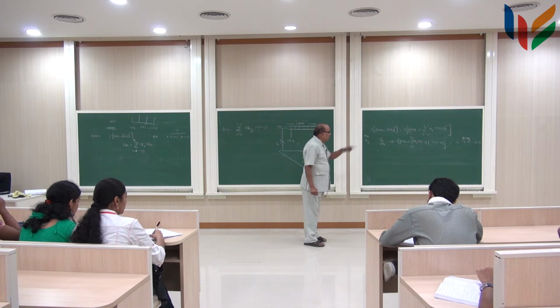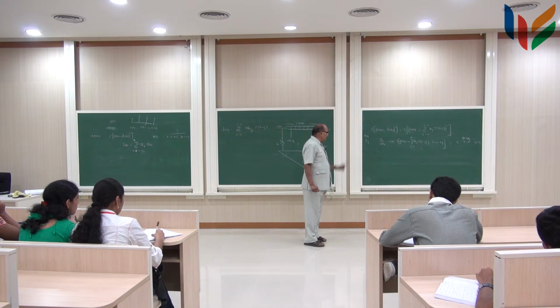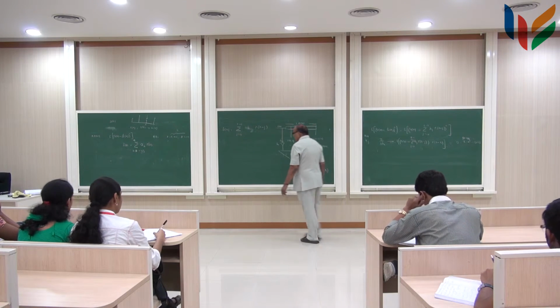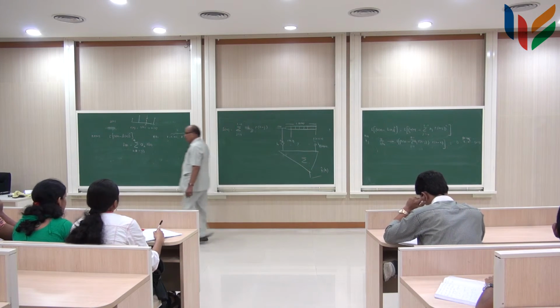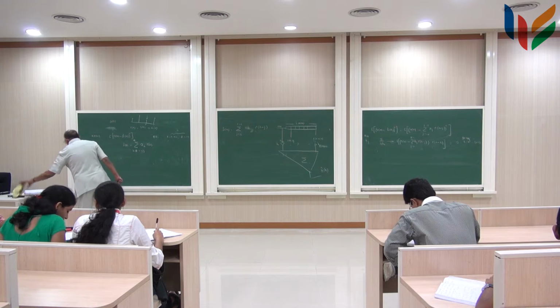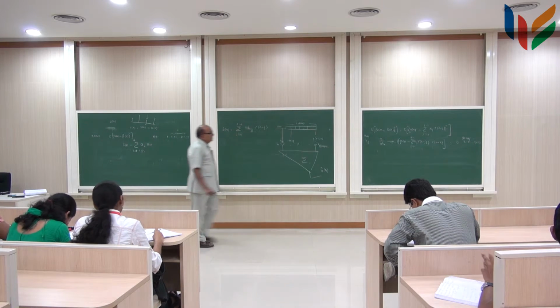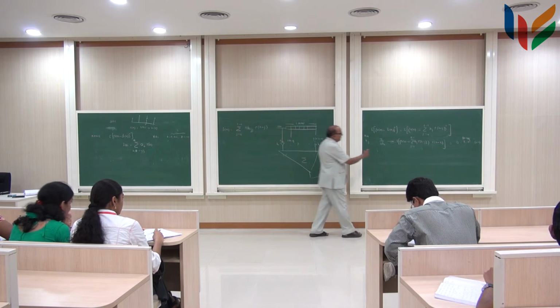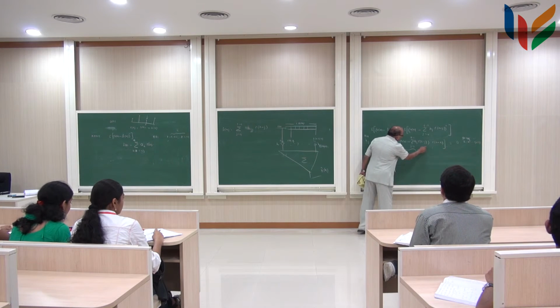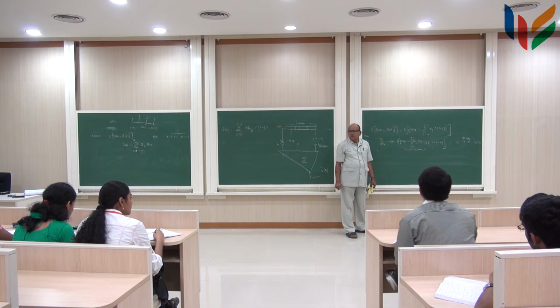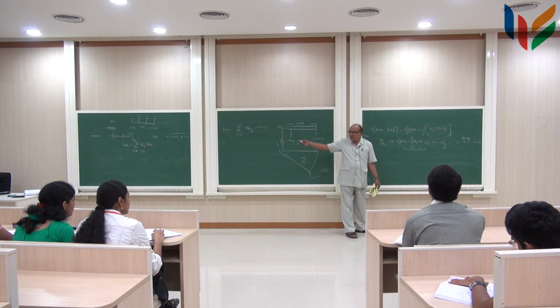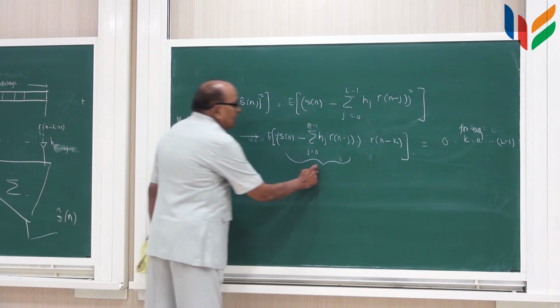Now, you see what is expectation? One observation you must see here, before I go further: what is the first term here? This is the error, right? That is the definition of the error.